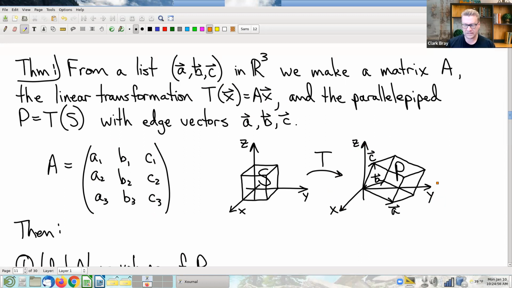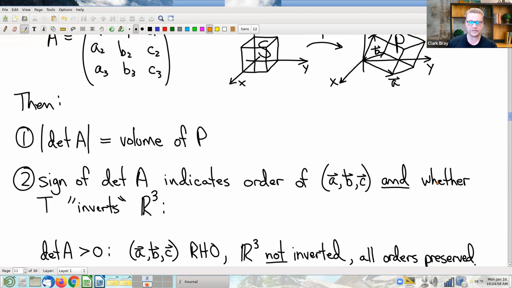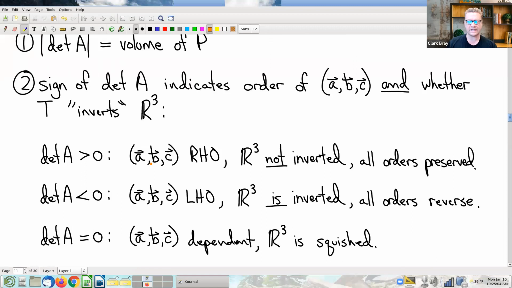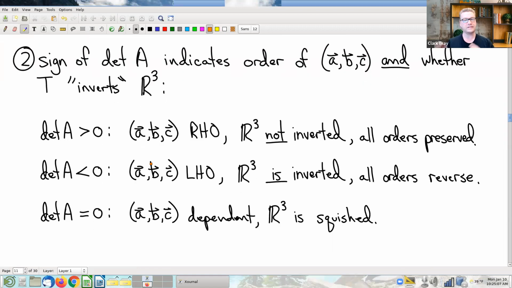Okay, and then you get basically the same results. The determinant tells you the volume, again, with the absolute value. And the sign of the determinant tells you about, in some sense, whether everything is right or everything is inverted, right? So positive means the vectors are in right-hand order and nothing got inverted and everything's preserved.